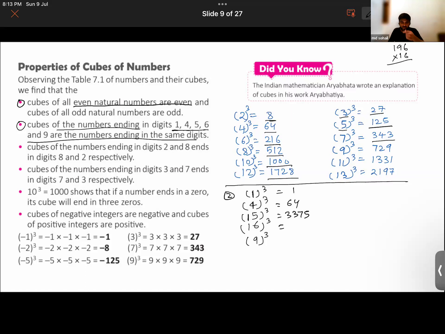That gives 3136. And what about 9? It is 729.